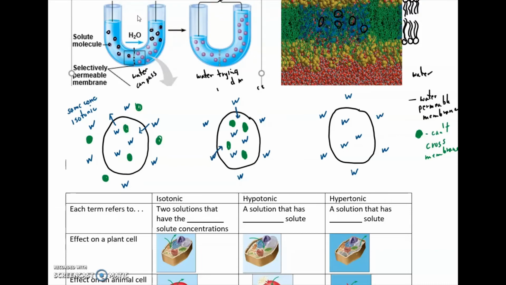And this will result in the cell bursting open or lysing. This solution is hypotonic. You can think of the solution as being low, and that hypo is low concentration.